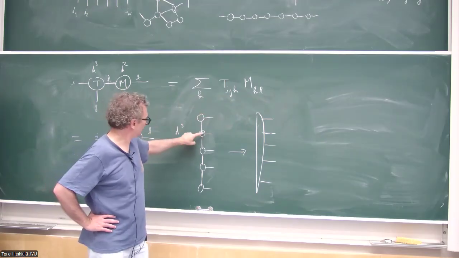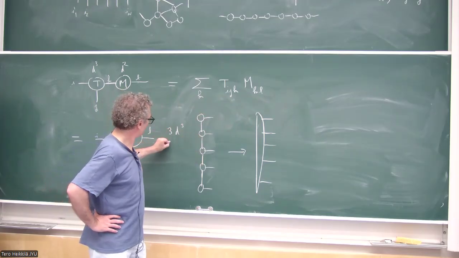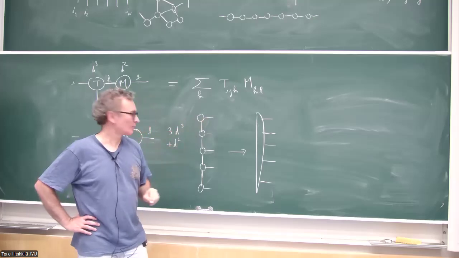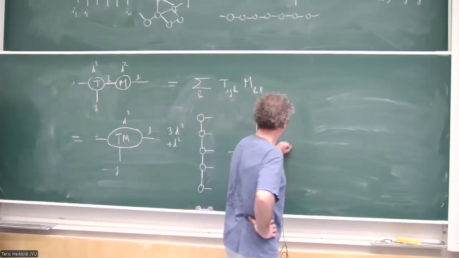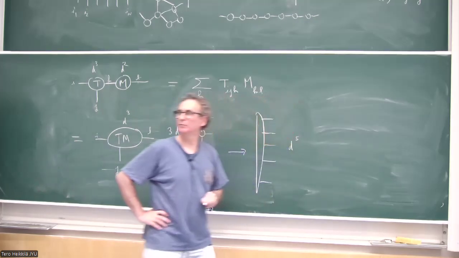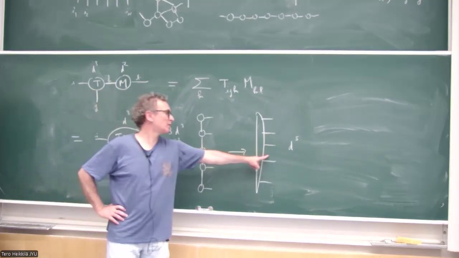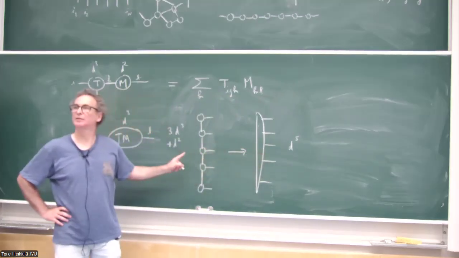So in memory, I have d to the 3 times 3 plus 2, which are d to the 2. And here, I have one big object, which is d to the 5. This takes much, much more space in memory than that.